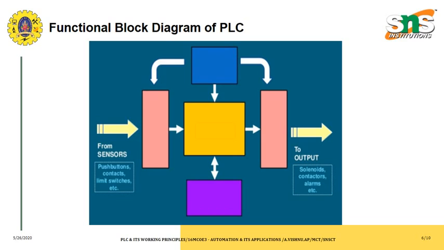And let's see how this output operation is achieved. The input is received using the input module of the PLC, which receives the various inputs from sensors, push buttons, contacts, limit switches, etc., any kind of input devices.